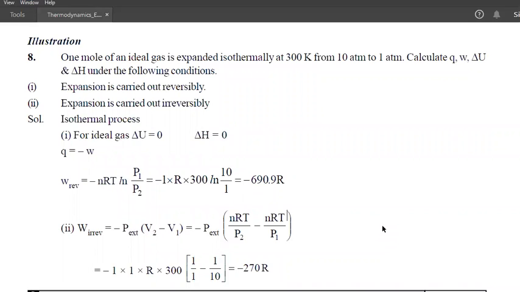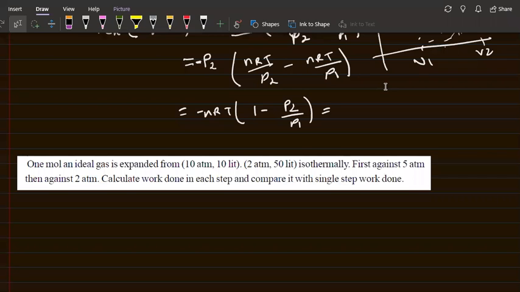Okay. So we'll solve the next problem based on the same concept. I hope all of you understood this problem, right? Okay, try to solve this problem now.